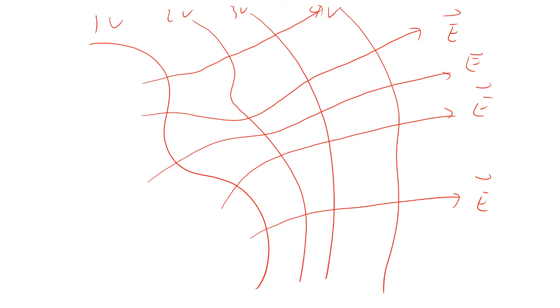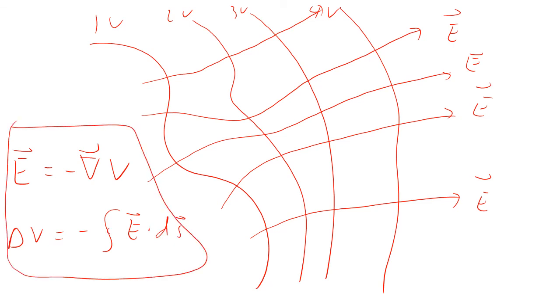Again, this gets back to the idea that the electric field is minus the gradient of the voltage, or the difference in voltage is minus integral E dot ds. Those concepts give rise to equipotentials and what we were just talking about. This also explains both sections 3 and 6 in chapter 24.